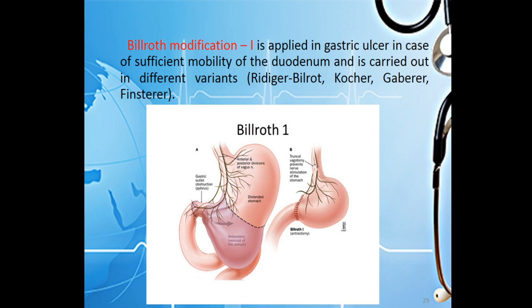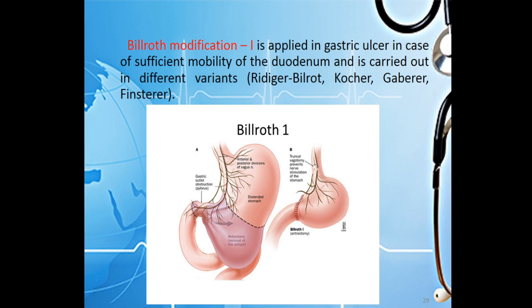So, Billroth 1. This is the place we cut off. This is the anastomosis between the stump of the stomach and the duodenum. So, the name of this operation, stomach resection, is Billroth 1.